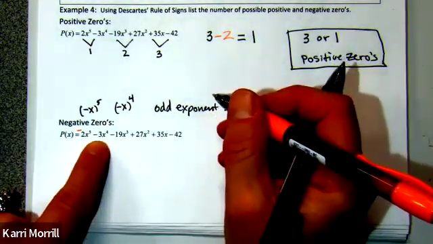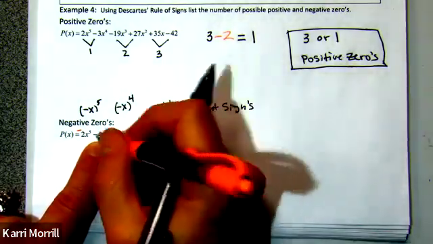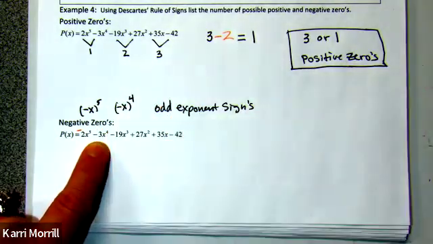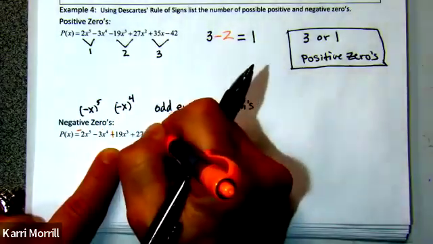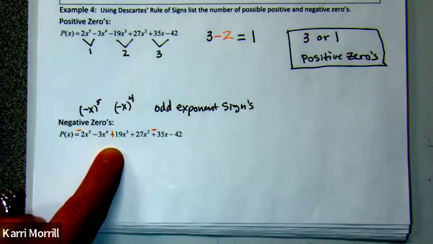The even exponents stay the same because that ends up being a positive, keeping that a negative 3x to the 4th. So we're just going to change all the odd exponent terms to their opposite signs.